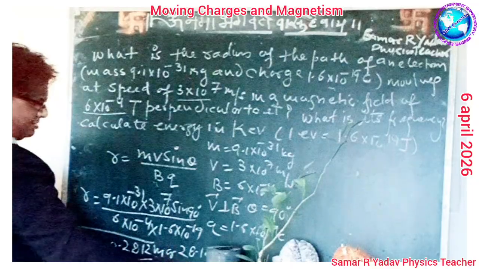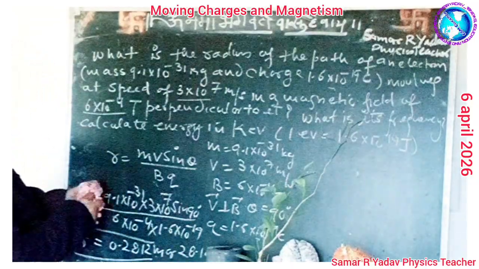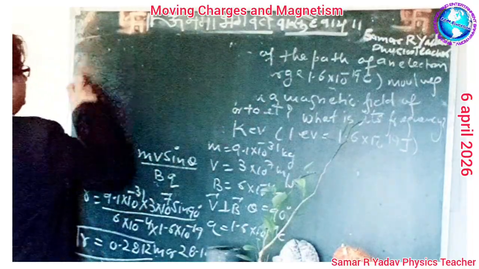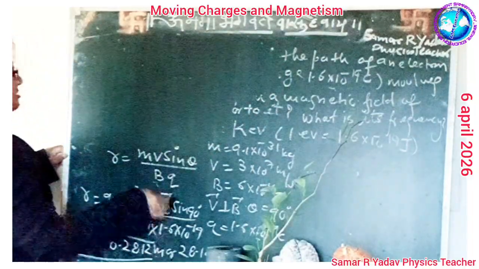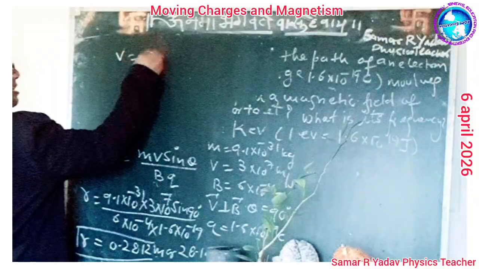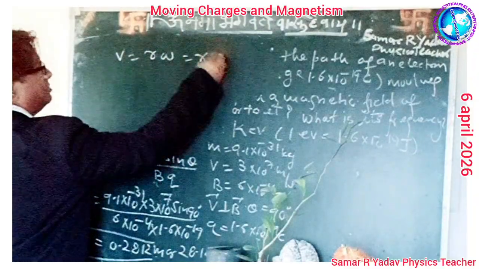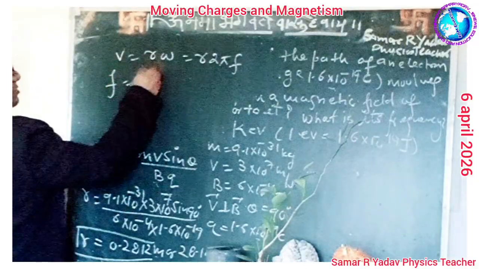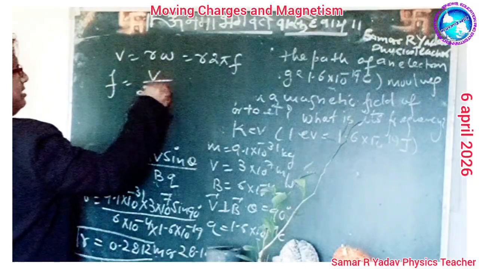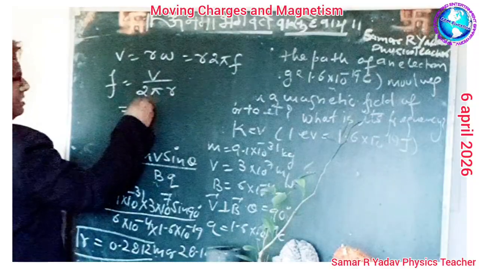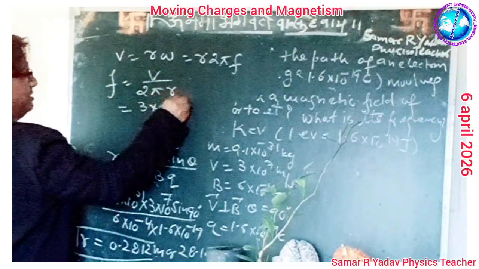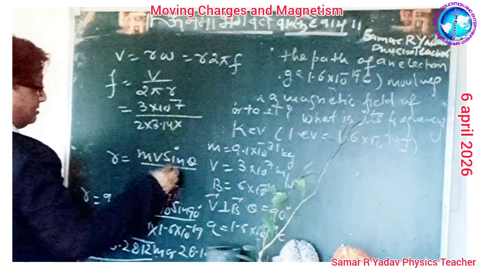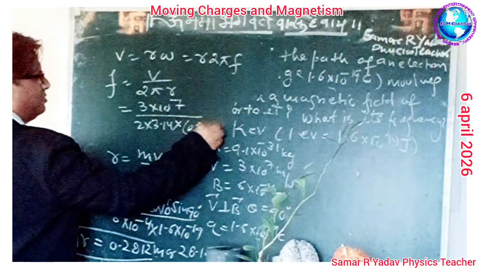Now we will get the frequency. We can use the formula V is equal to R omega is equal to R into 2 pi F. Therefore F is equal to V upon 2 pi into R. V is given, that is 3 into 10 to the power 7, upon 2 pi, meaning 3.14, into R, that is 0.2812.